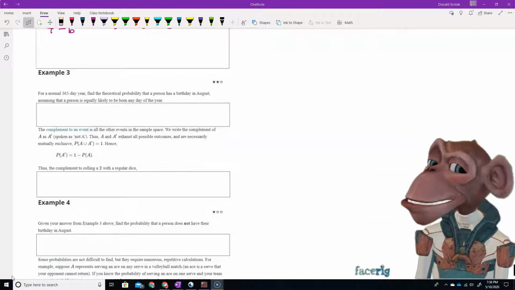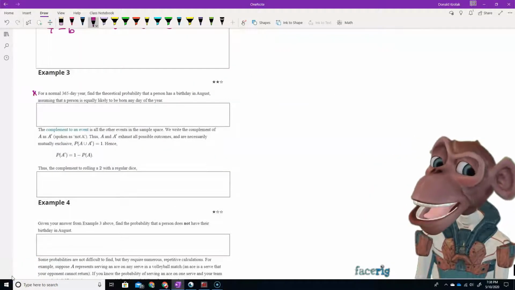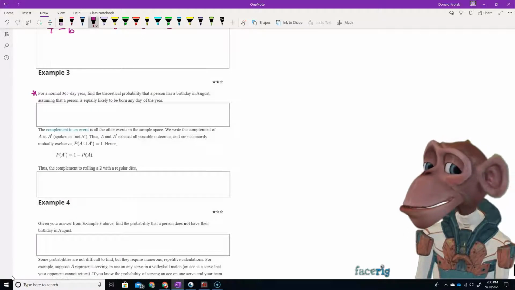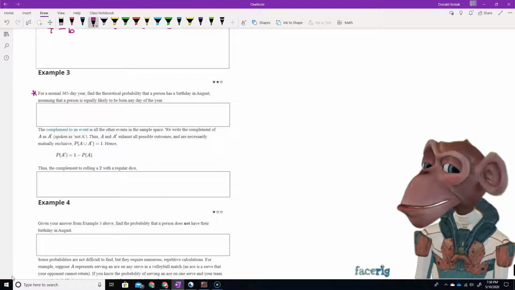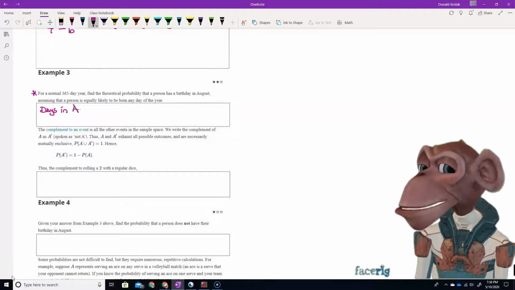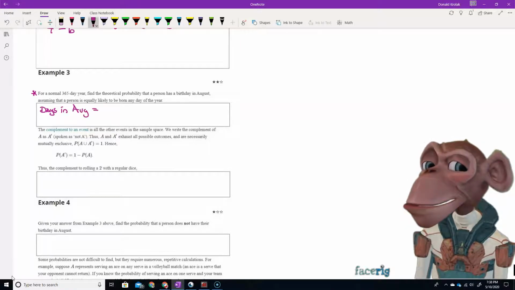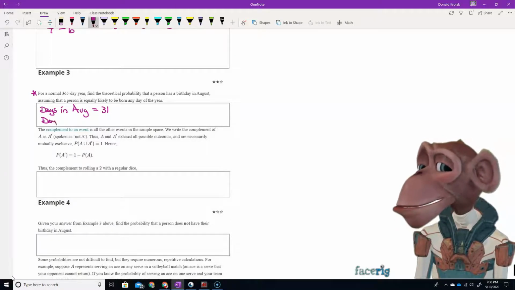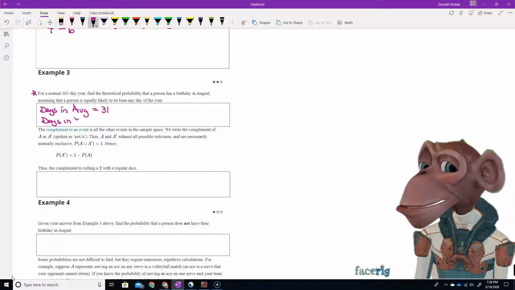Our next example: a normal 365-day year, find the theoretical probability that someone has a birthday in August. All right, so the number of days in August is 31. The number of days in a year, 365.